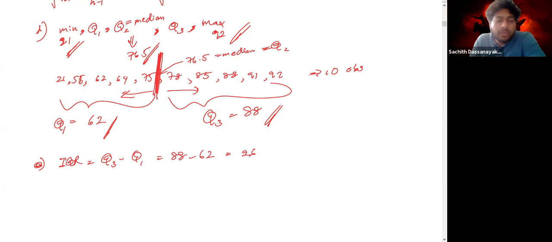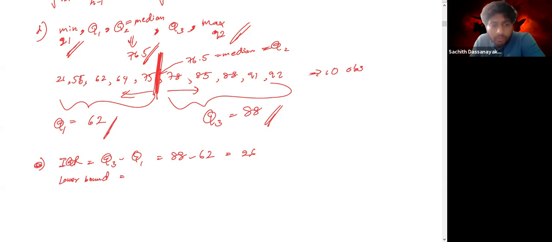Now you can find the lower bound for the box plot.